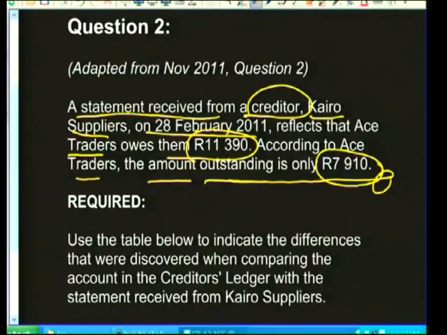The second recon is you are reconciling your account as per your books with the statement received from the supplier. A different type of recon. Please make sure that you are au fait with both those recons. This one here specifically asks us to reconcile the statement that we are receiving from our creditor with our balance as in our books. Okay, so here goes.